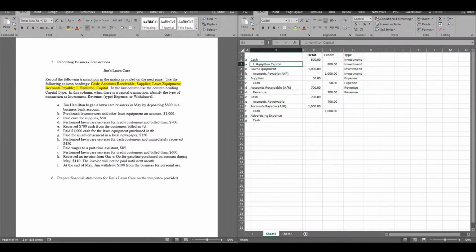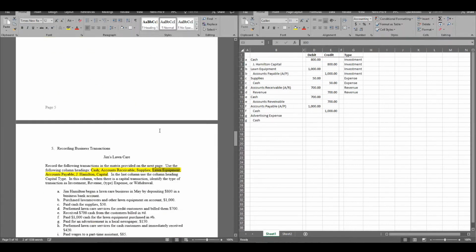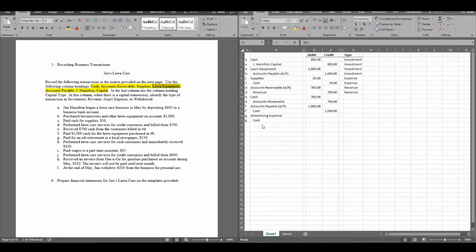So remember when we look up here, when we increase the capital account with our initial investment, we increased it with the credit. Now, if we look back up here to our owner's equity section, this represents our ownership. So it is our initial investment plus net profit or net income. So since an expense serves to reduce net income, it also reduces the capital account.